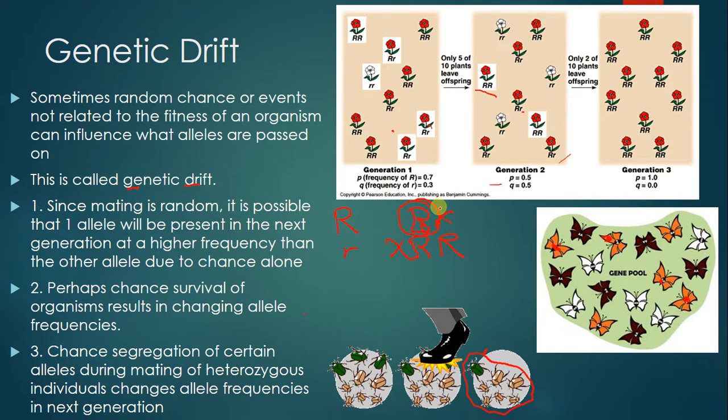Every time it's 50-50, but what if just because of chance, more dominant alleles survive to the next generation than the recessive ones in heterozygous matings? That will cause a change in allele frequency, but only due to random chance, to genetic drift.